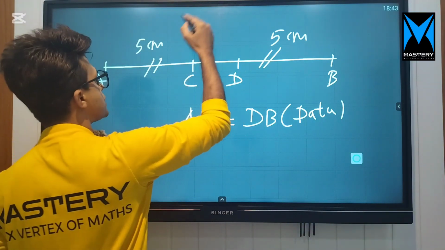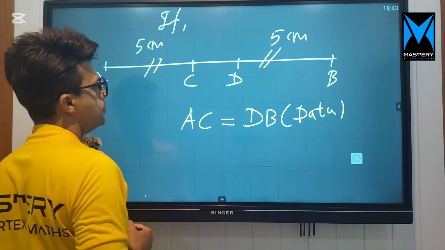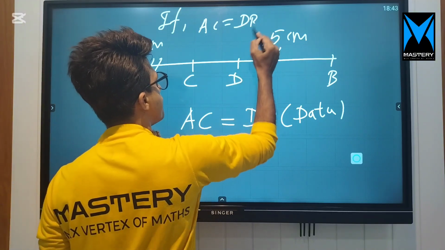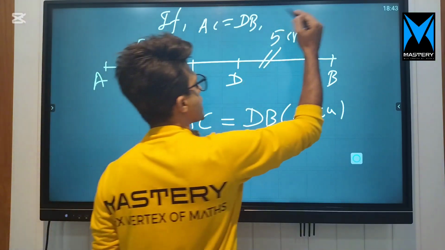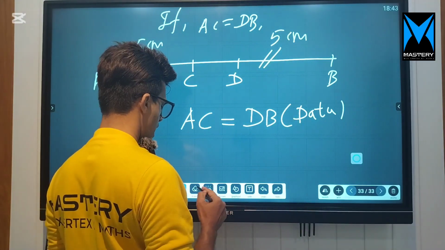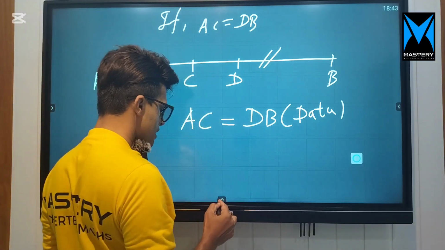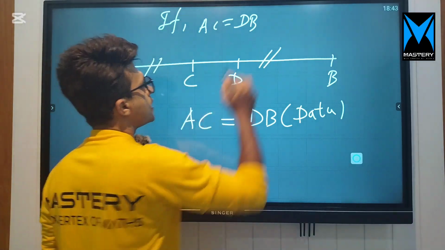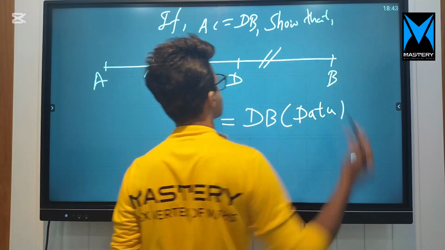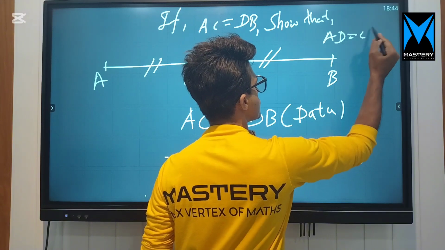What you need to do here, the question is: if AC equals DB, show that AB equals CB.